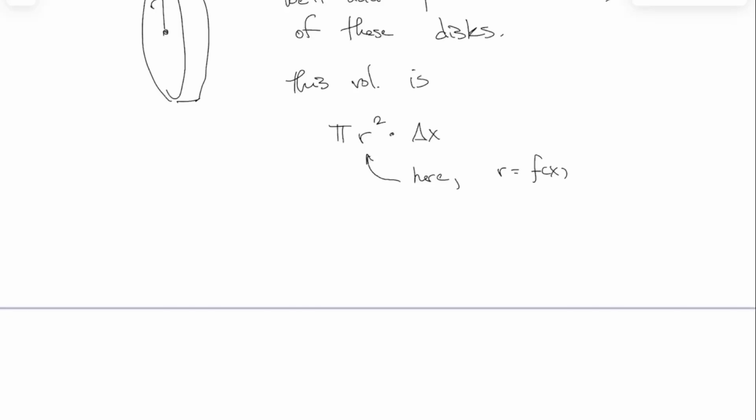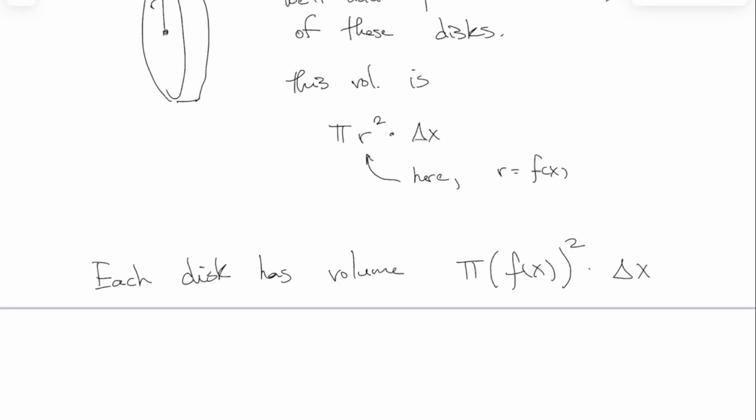So, in conclusion, each disk has volume pi times f of x squared times delta x, all right? The f of x squared comes from r squared, the radius squared.